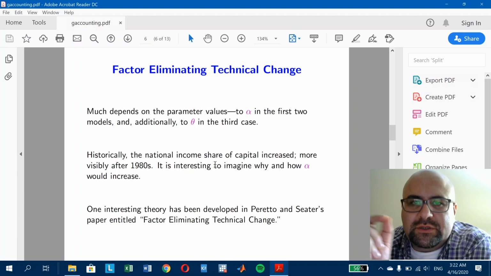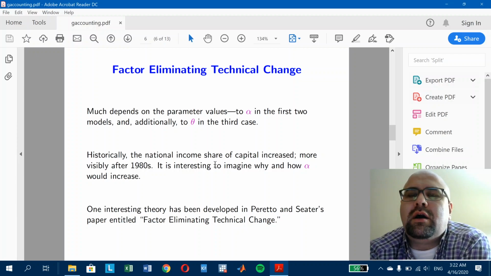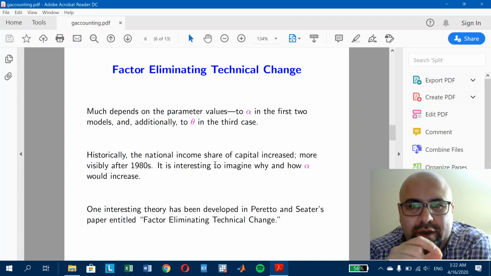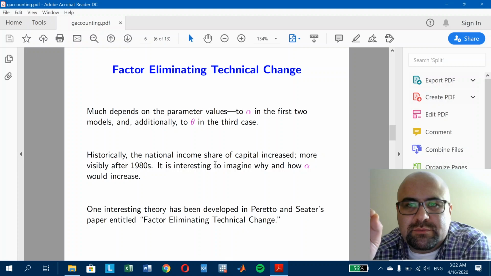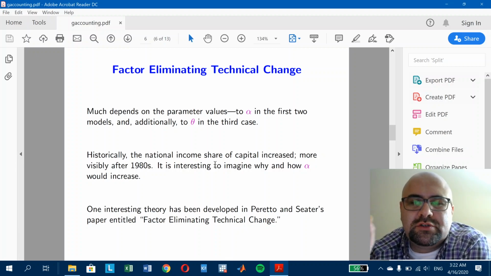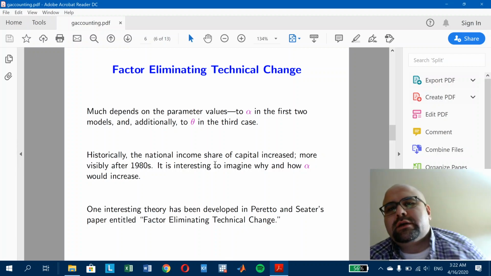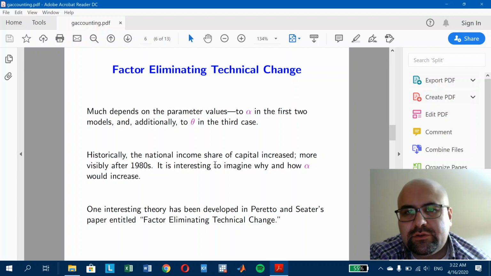But those parameters are important, and there are some richer theories where those parameters are not fixed, but they are variables, and sometimes those variables can be chosen optimally by the firms in the economy. One such theory is Peretto and Seater's factor eliminating technical change.